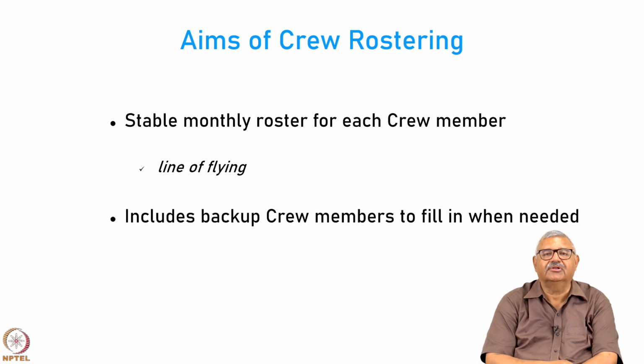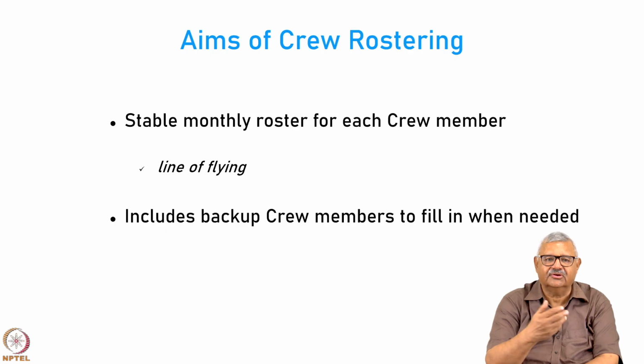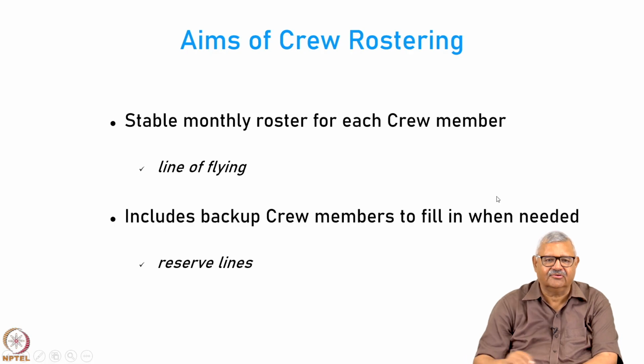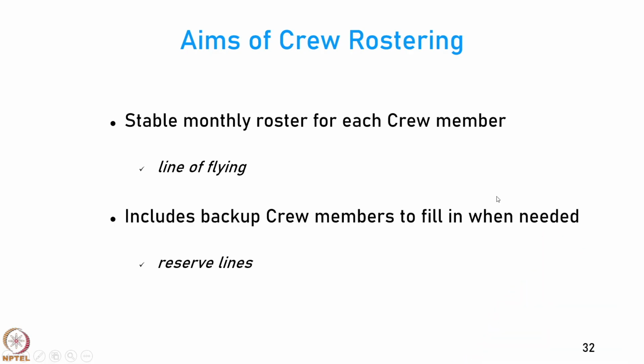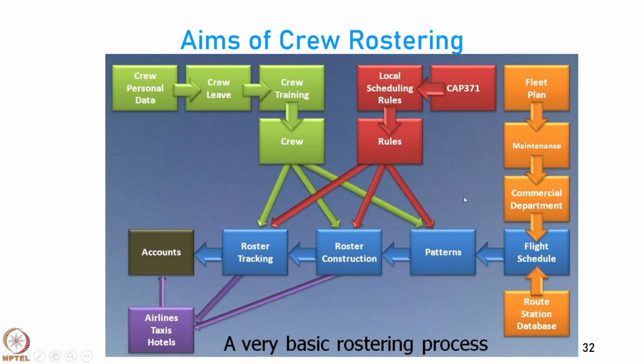Crew rostering also includes creation of a similar document for backup crew members to fill in when needed, and this is called reserve lines. So, when you have lines of flying and reserve lines, you have taken care of the rostering problem completely.